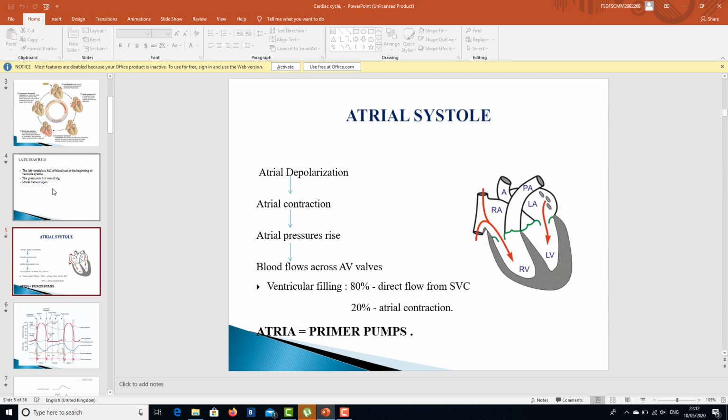So the atria are also acting as primer pumps. The name primer pumps has been given to the atria because they are pumping the blood initially. 20 to 30% of the blood that is being pumped to the ventricles is by means of these atria.